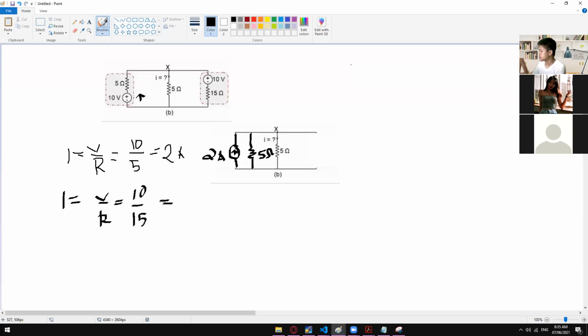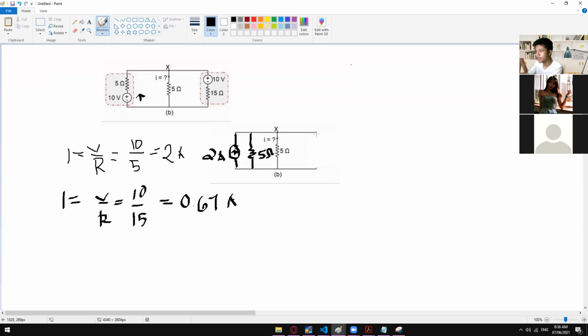So this is equal to 2/3, or 0.66667, or 0.67 amps.